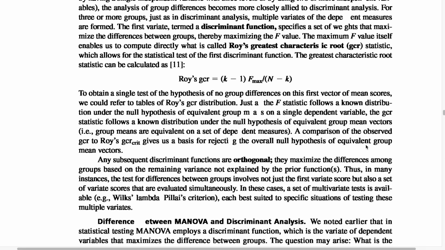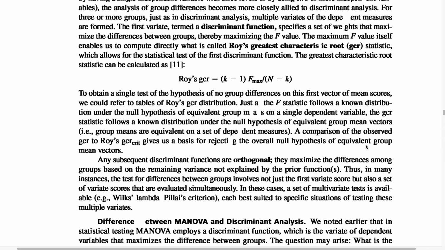To obtain a single test of the hypothesis of no group differences on the first vector of mean scores, we could refer to a table of Roy's GCR distribution, just as the F statistic follows a known distribution under the null hypothesis of equivalent groups. With a single dependent variable, the GCR statistic follows a known distribution under the null hypothesis of equivalent group mean vectors, that is, the group means are equivalent on the set of dependent measures.